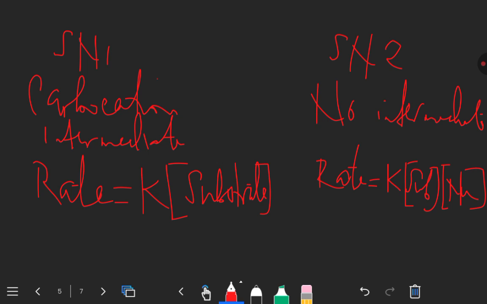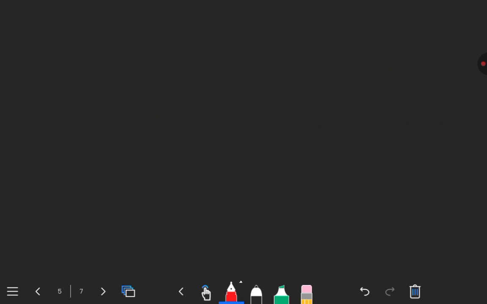Then apart from that, let's understand the substrate preferences for SN1 and for the SN2 reaction. For SN1, we start with tertiary. SN1 favors tertiary more, then secondary, then primary. Then if you have a methyl, it goes down to methyl.